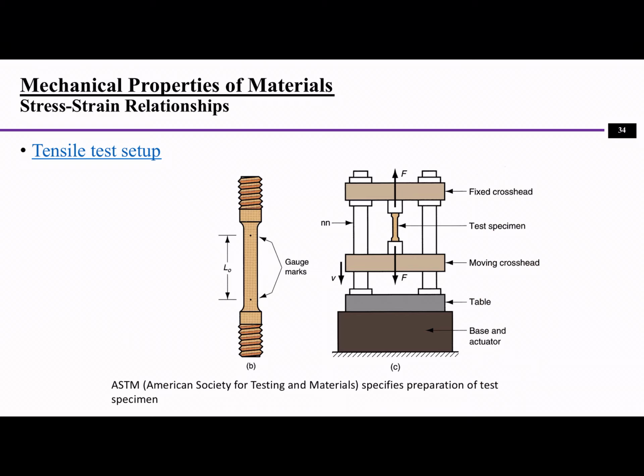For the tensile test, they apply forces, pulling up and also pulling down. You can see we put a test specimen in the middle, and then we measure, when the forces are applied, how the length of the specimen changes until it breaks, until it fractures.